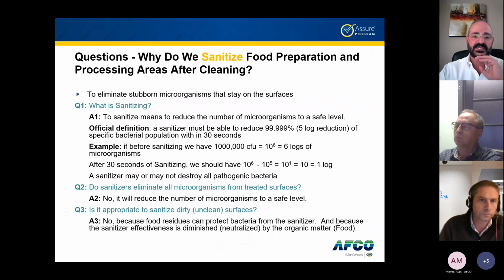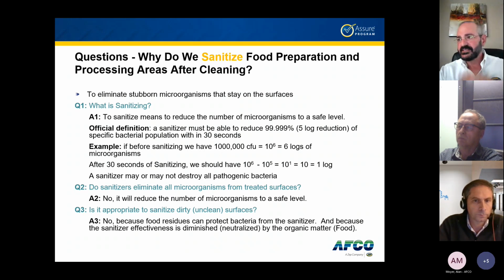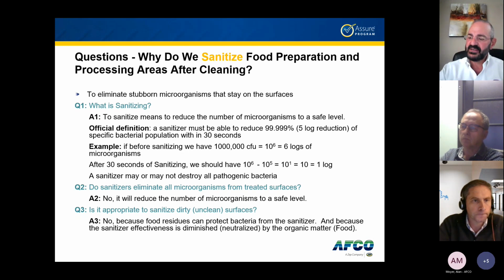Is it appropriate to sanitize dirty or unclean surfaces? No, it's not, because when we spray a sanitizer on a surface that is soiled, with food residues, grease, fats and proteins, these food residues will protect the bacteria, will sit on top of the bacteria, and when you apply the sanitizer, it will not penetrate the food residues.